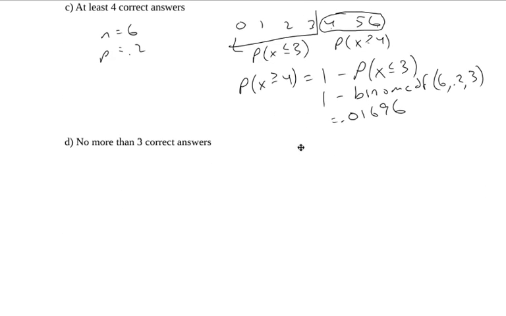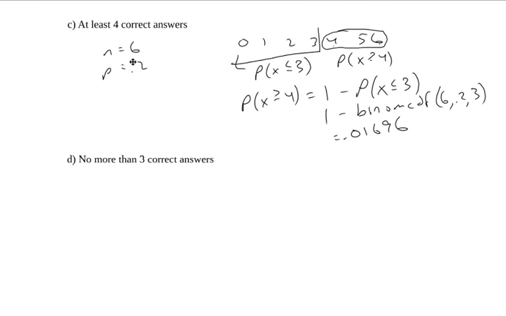Alright, and part D here, the probability we get no more than, oops, I should probably finish writing this. X is greater than or equal to 4. The probability we get no more than 3 correct answers. 0, 1, 2, 3, 4, 5, or 6.